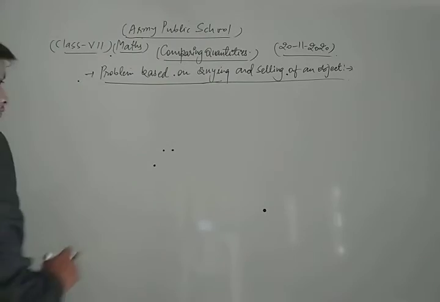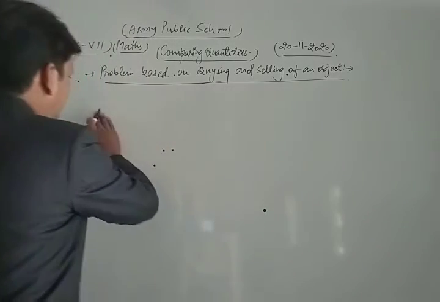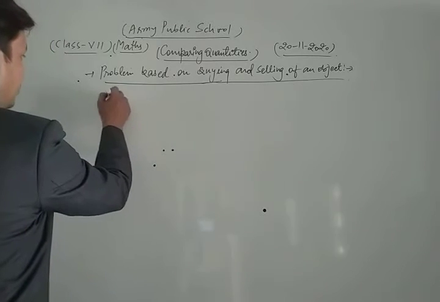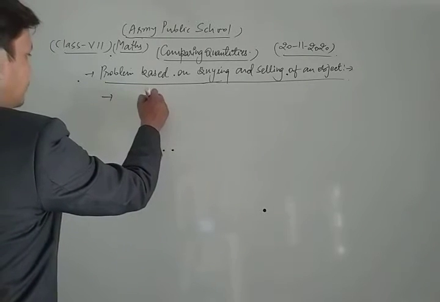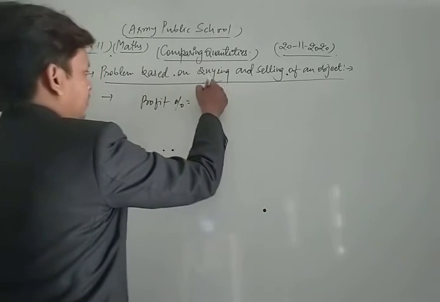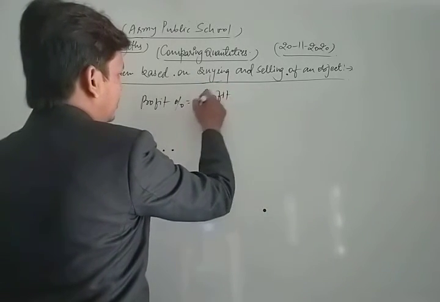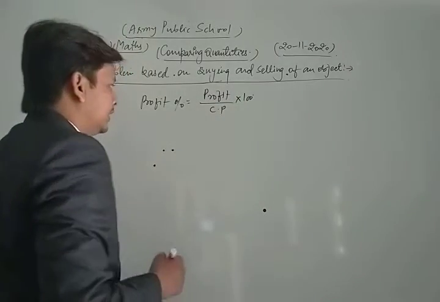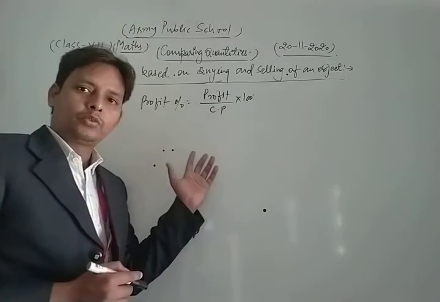Dear friends, first of all, the formula for the profit percent is what? We already discussed it: profit upon cost price into 100. This is the formula for profit percent.